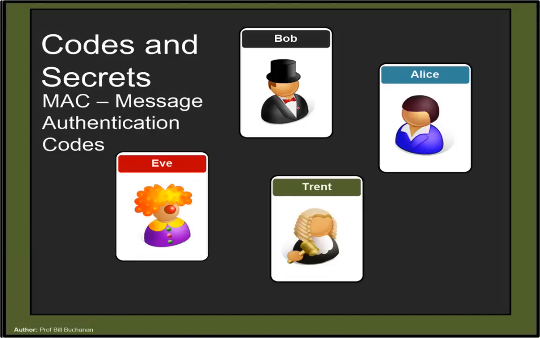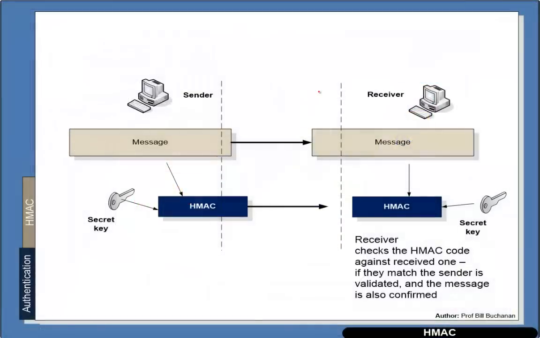So sometimes what we want to do is to be able to authenticate a message from Bob to Alice to make sure that the message is signed correctly. One method is known as HMAC. So with HMAC we take the message, we take a hash of it, but then we apply a secret key onto that hash.